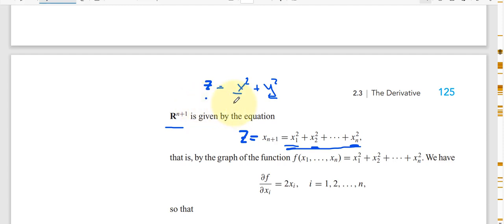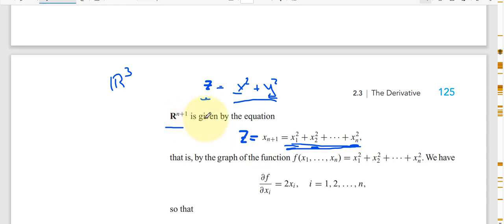And why is that? There are only two input variables, but there's a third variable here, so in order to graph the whole thing, we need R3. So in order to graph this one, we need R^(n+1), because there are n inputs and then one output.